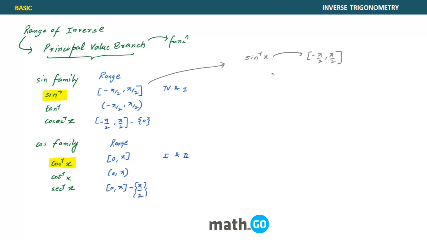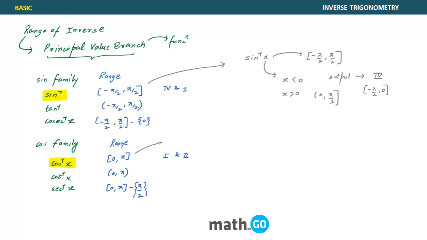If x is negative, that is when x is less than 0, the output will lie in the fourth quadrant, that is from minus pi by 2 to 0. And when x is positive, your answer will lie in the first quadrant, that is 0 to pi by 2. That is the meaning, and this is valid for all three family members.